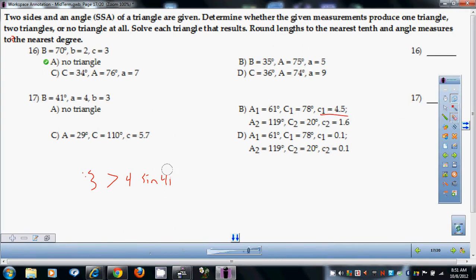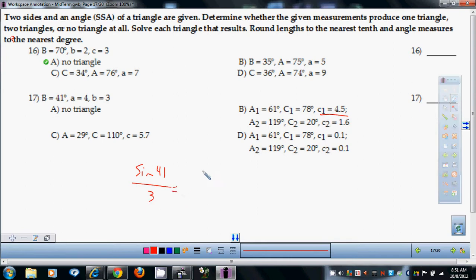Law of sines says sine of the angle over the side equals sine of the angle over the side. We are looking for C and saying which one it gives us. So, 3 times sine 61 equals C times sine 41. Divide by sine 41. And what is C?